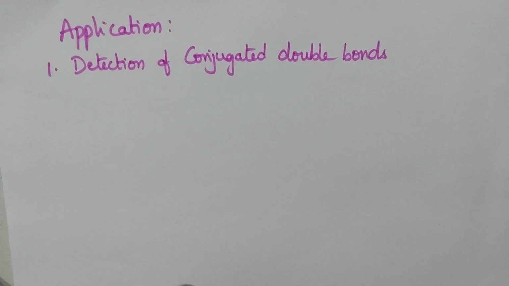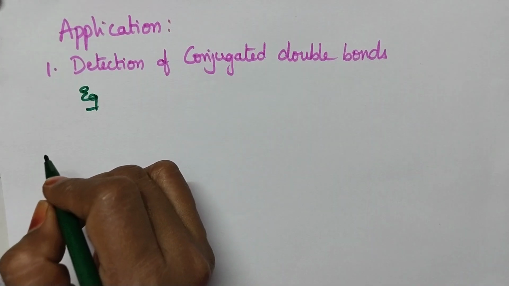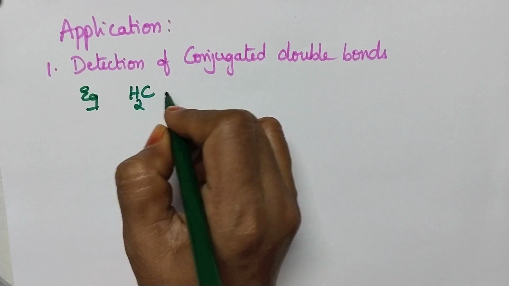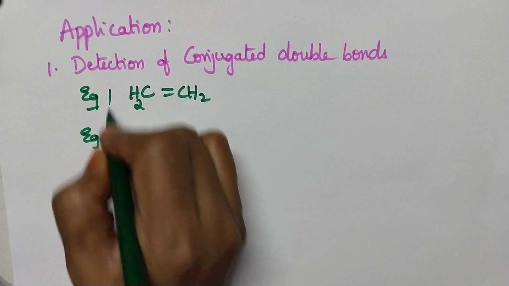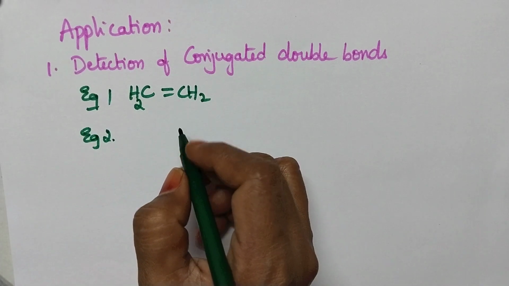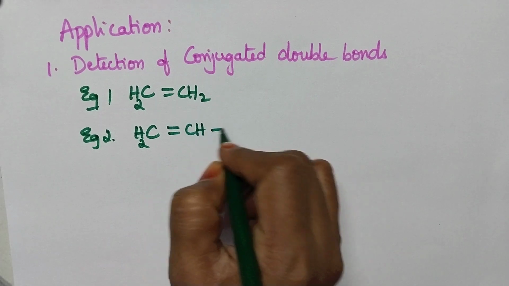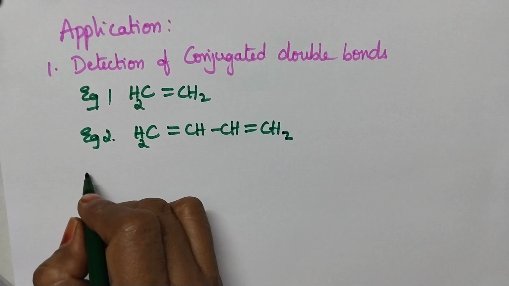Let us suppose we consider three different compounds, namely ethylene, 1,3-butadiene, and benzene.